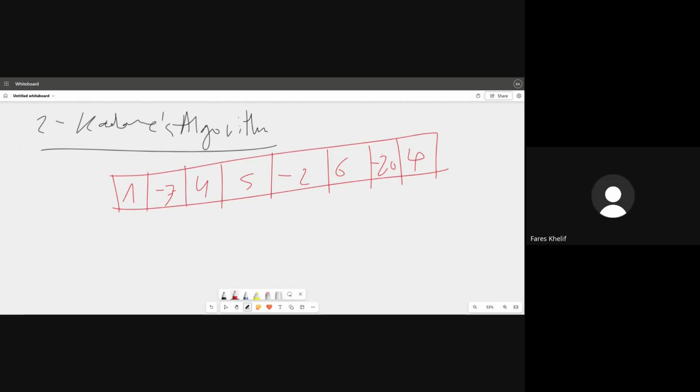We keep track of the sum, and if the sum goes below zero, then we don't take any element. Since taking no element gives zero, then we are in a better deal. So basically, we go from left to right. Okay. Yes, we keep track of the sum, and we have a variable max, like a max of the sum. Okay.